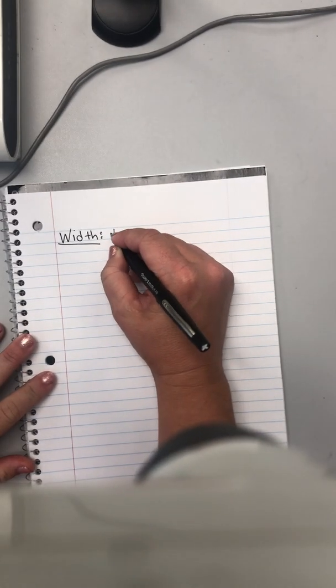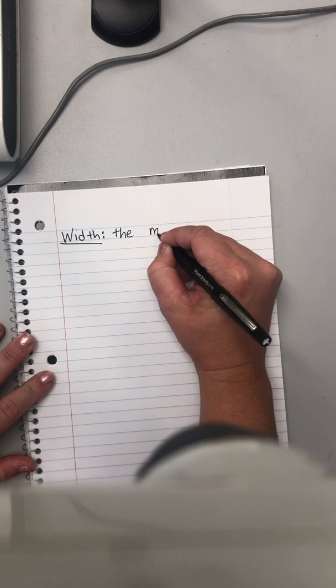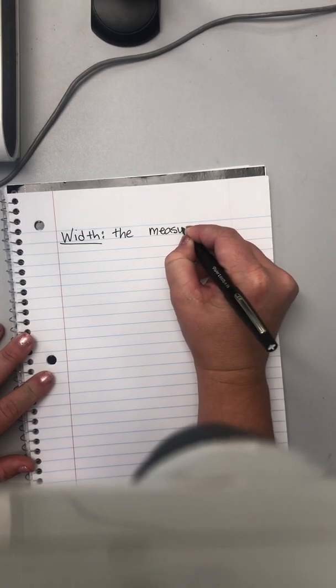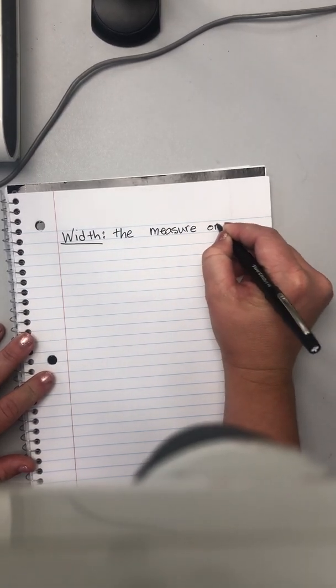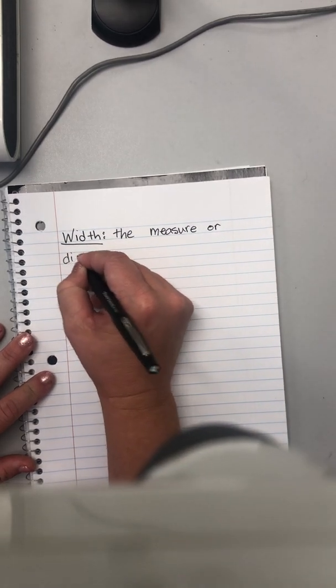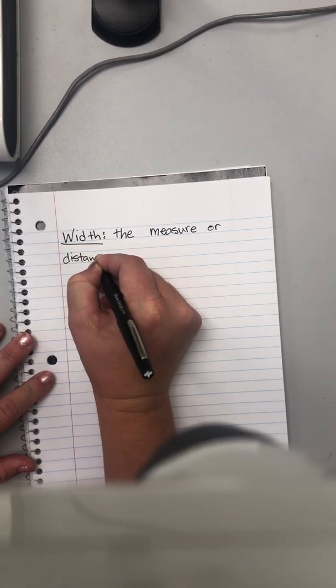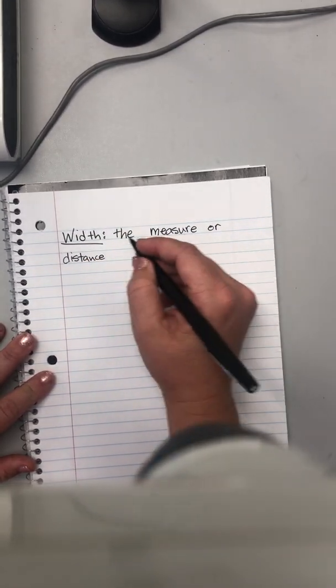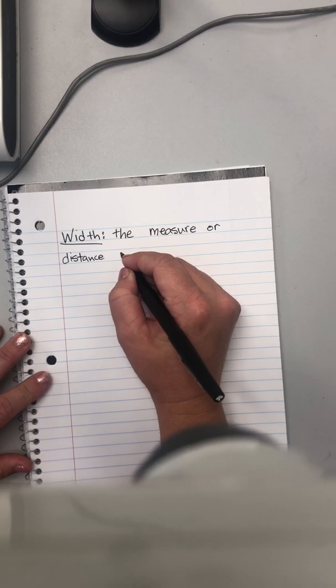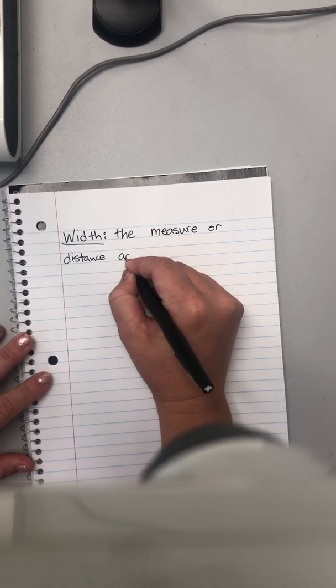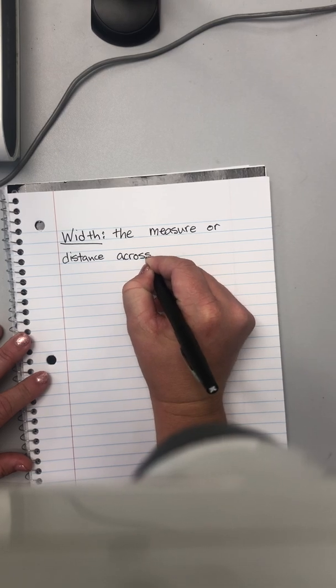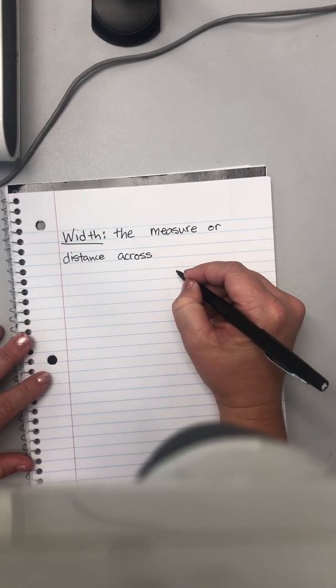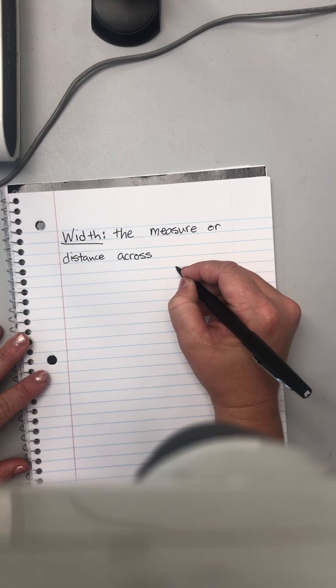Width is the measure of the distance across something from one side to the other. The measure or distance across something from one side to the other.